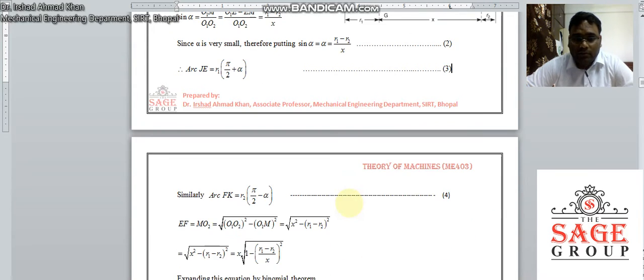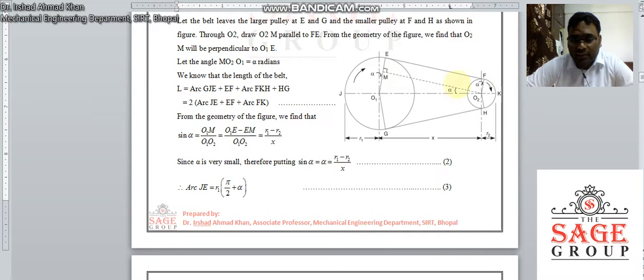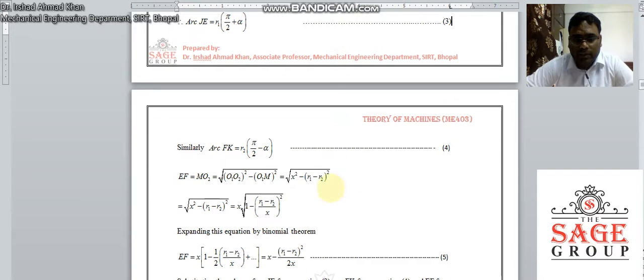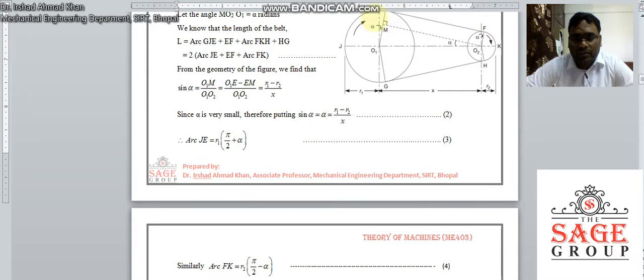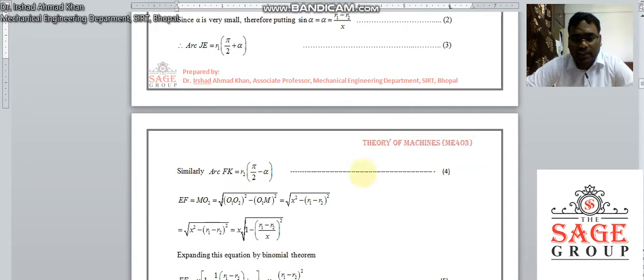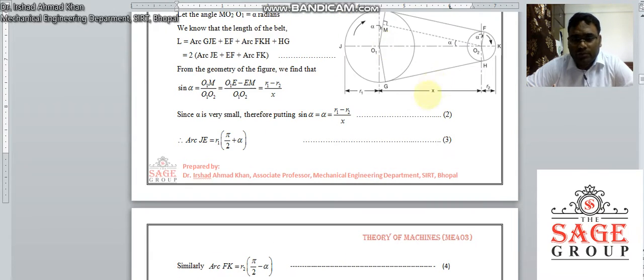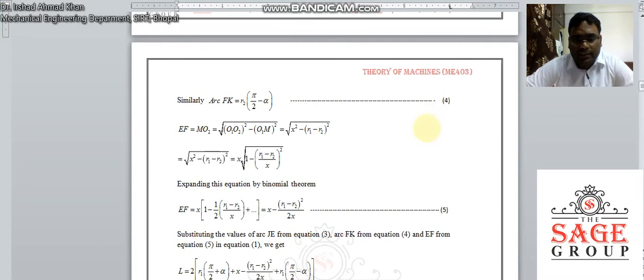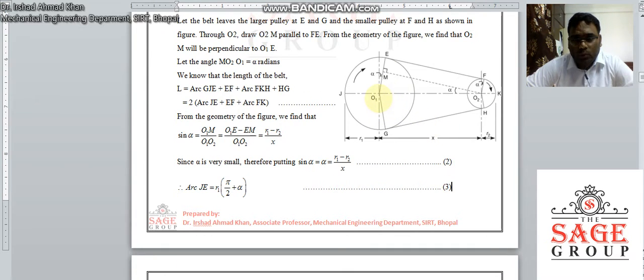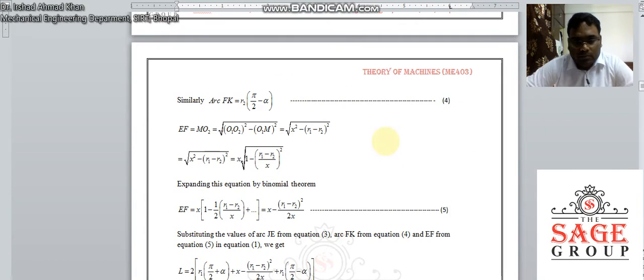Now we can find the value of EF, which is parallel to O2M. So EF equals O2M, which we can find from this right angle triangle. That will be the square root of O1O2 squared minus O1M squared. O1O2 you already know is x, and O1M is R1 minus R2, whole squared.